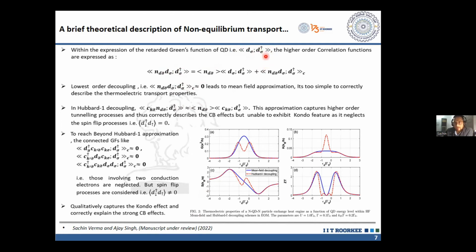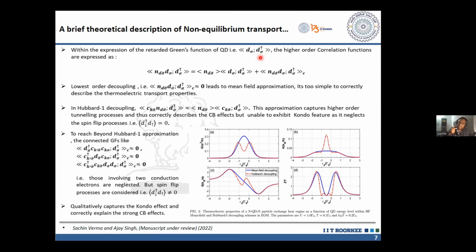We create a particle, and as a previous question asked about the time scale, I don't have any idea about that time scale, but we initially created a particle at t equal to 0, and then after a certain time we destroyed that particle. This kind of thing is known as a correlator or propagator. The particle propagates through this interacting system.